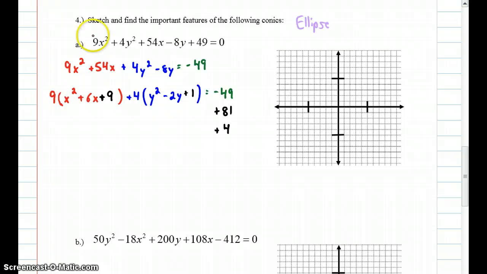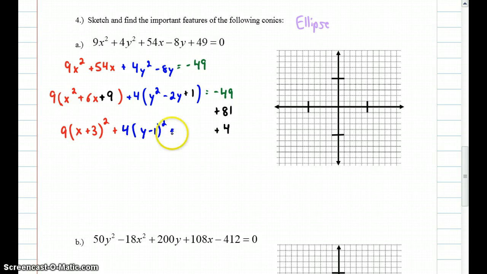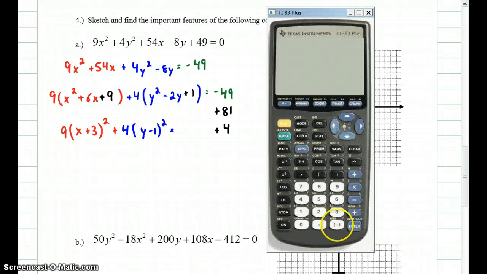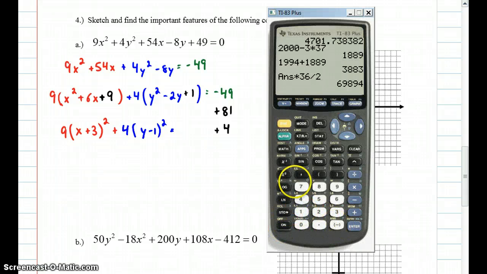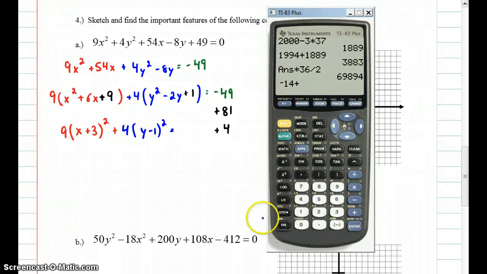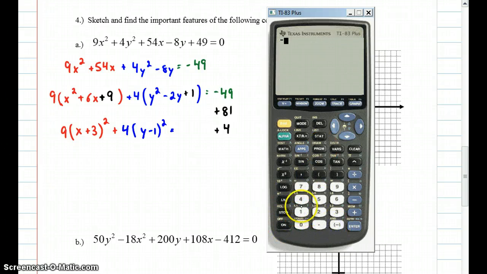From here, I've got 9 times (x plus 3) squared plus 4 times (y minus 1) squared equals negative 49 plus 81 plus 4, which is 36.